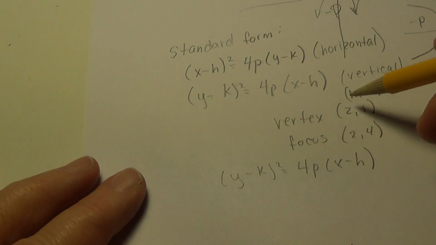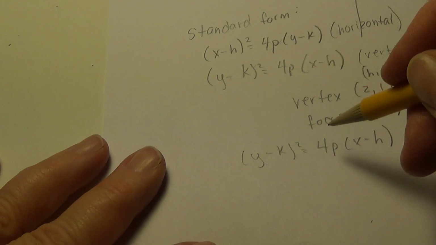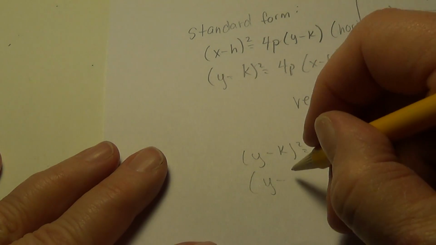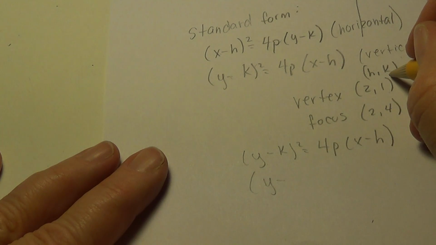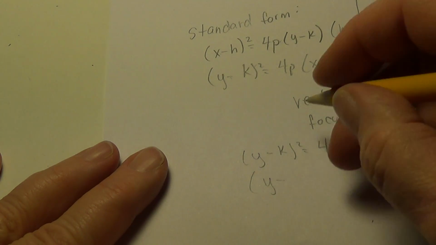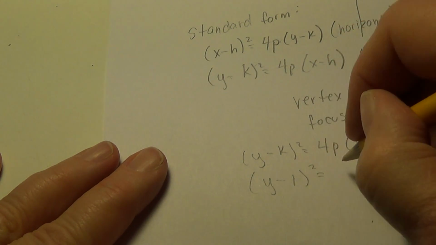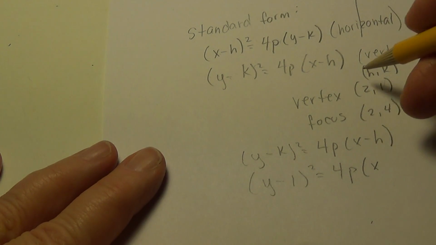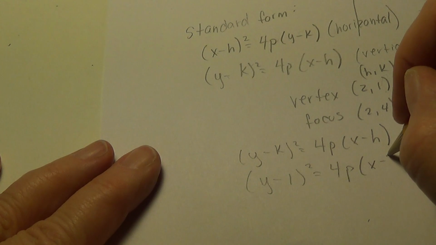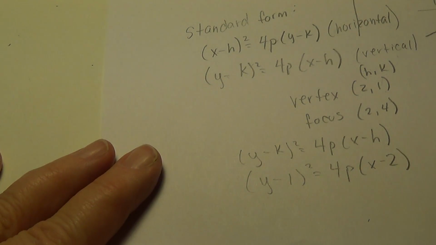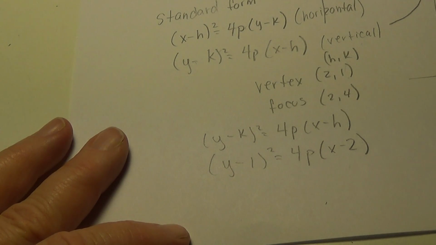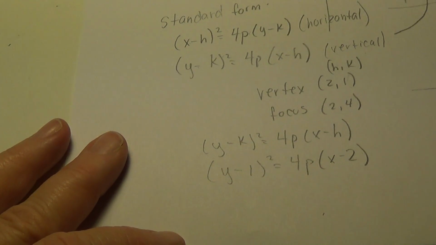And so I'm going to plug in h is 2 and k is 1. Y will stay y, and it will remain a variable. K will take on a 1, and x will remain a variable, and h will take on 2. So far so good, and we'll be done when we find P and simplify.